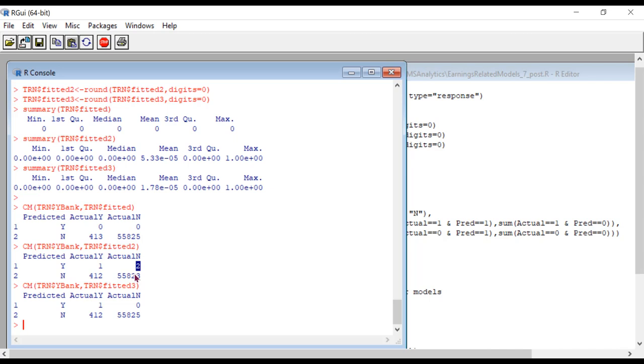Or do we want to make sure we never cry wolf, meaning we don't predict it when it's not going to happen? So we face a trade-off here, and if we want to make sure we never call something bankrupt when it isn't, we would end up here in the linear probability model where we just say nothing is going to be bankrupt.